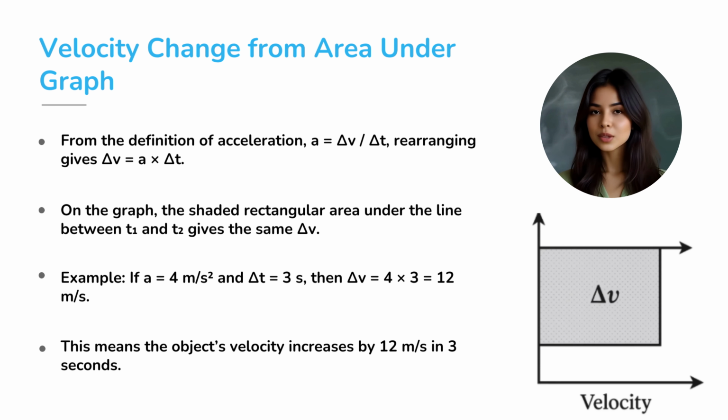Then delta v equals 4 multiplied by 3, which comes out to 12 meters per second. This means the velocity of the object has increased by 12 meters per second in just 3 seconds. The diagram makes it so much clearer. The shaded rectangle is not just a shape, it is the measure of velocity gained.